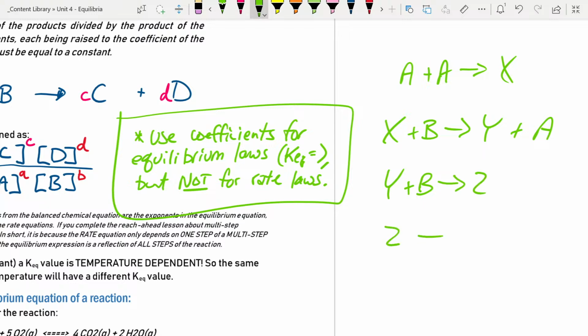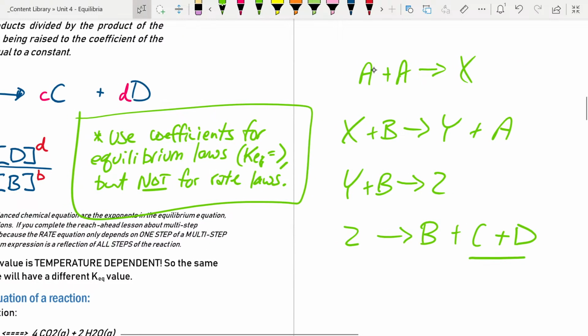Then that Z might decompose into getting our B back and now give us C and D, which are the 2 things we started. So it could actually be 1, 2, 3, 4 reactions. Does that make sense? And if you wanted to work out rate laws and use the exponents, you would have to know this. And you'd have to know that actually this one depends on the concentration of A squared.